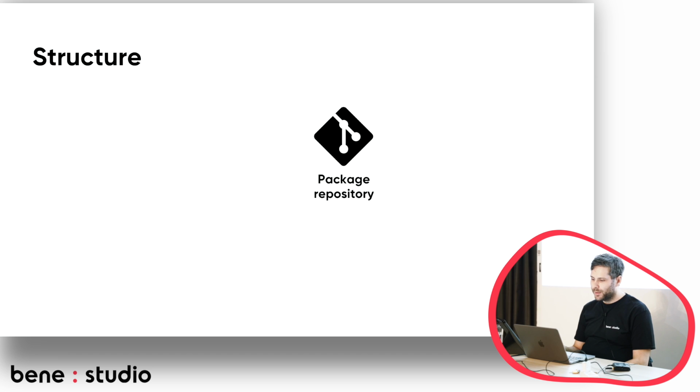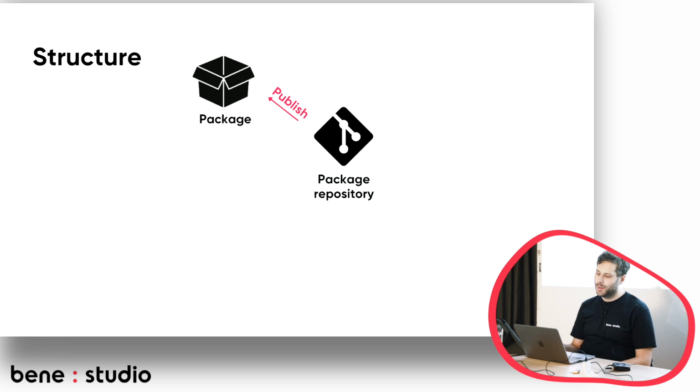So let's check what we are going to make. We will have a package repository where we will have 2 very easy components. We will make a heading component and a paragraph component later. And we will make a package out of this, which can be used afterwards by any other repositories.